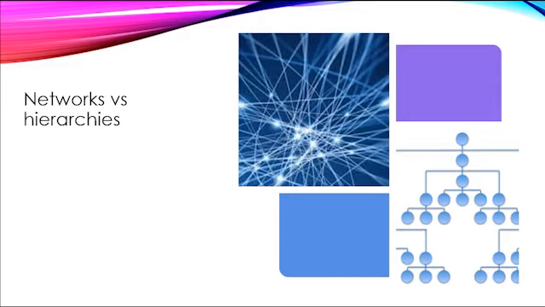Companies such as Apple, do you know what kind of organizational structure Apple has? Is it a hierarchy or is it a network? Yeah. Same as Google. Apple, Google, the very modern companies like this, they pride themselves on being networks rather than hierarchies.